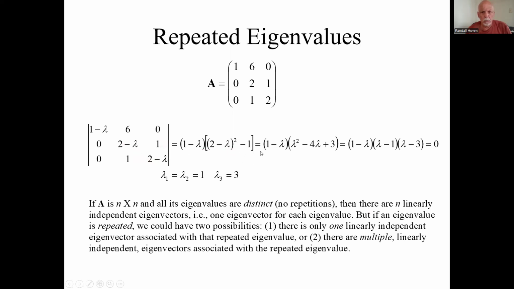All right, multiply this inner part out. I get this, and I can factor that. Factor the whole thing, and what do I get? There's an eigenvalue equals 1, another eigenvalue equals 1, and another eigenvalue equals 3. So I have a repeated eigenvalue here. Let's see what happens.